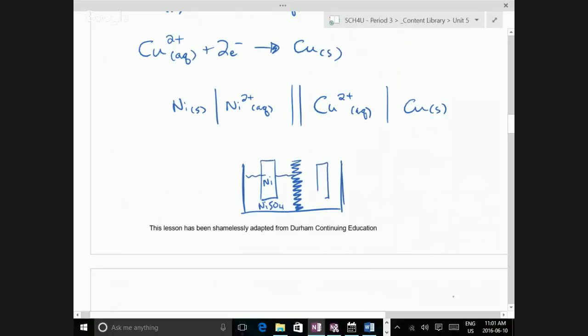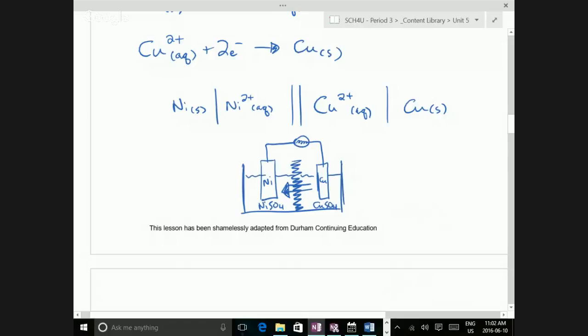On the other side, I would have a copper plate with copper ions in the solution around it. And what's going to connect them? A wire. And remember that those sulfate ions are able to pass through this bridge.